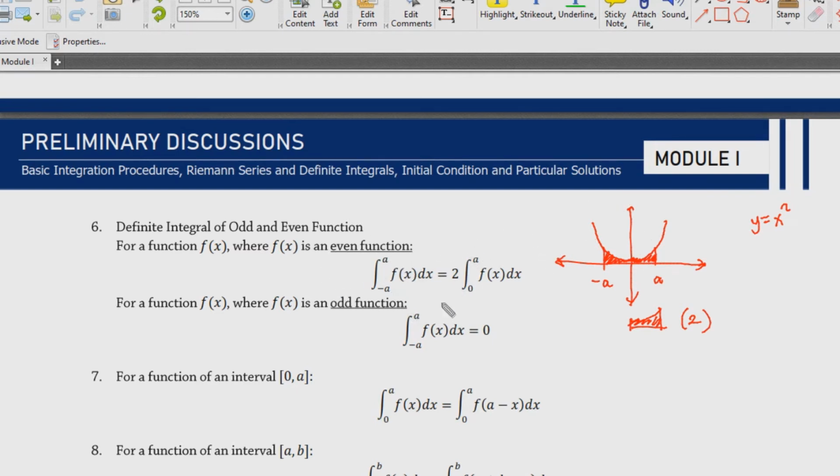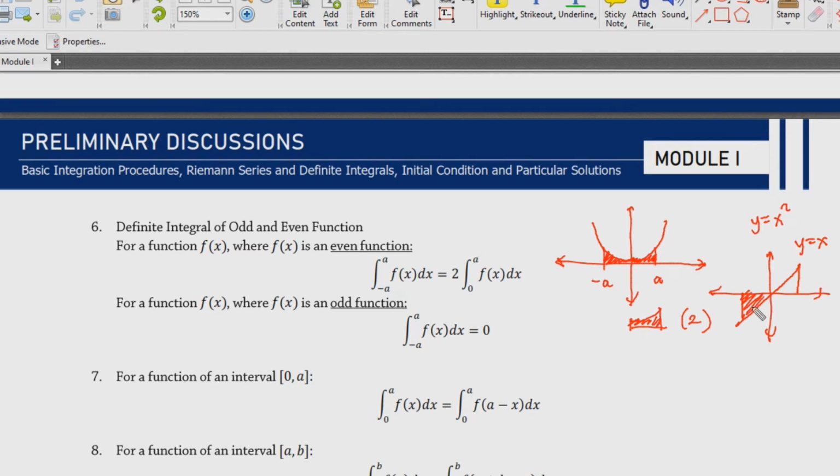But how about if you have this odd function? So for example, I have odd function y equals x cubed. So this is a very easy odd function. Or we can use x, for example, para mas madali, y equals x. So for example, if I try to graph this, and then I need to take this negative a, so this is negative a, and then this is positive a.